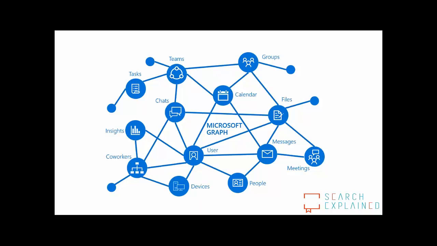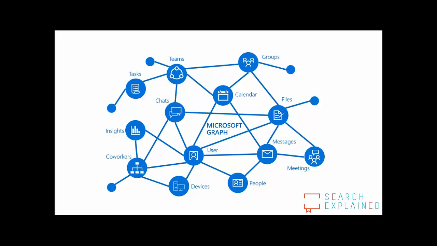This close relationship means either I have been working with the content recently or someone who is close to me in the graph. So you can imagine it's a complex thing, but basically this is how it works.